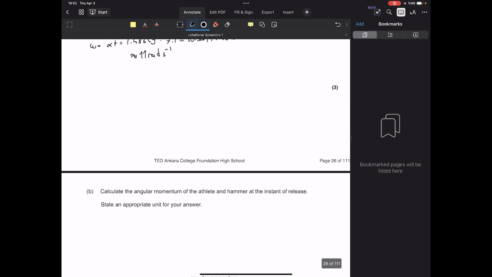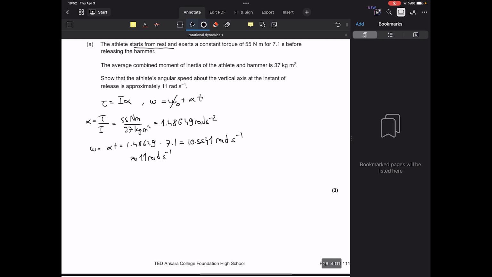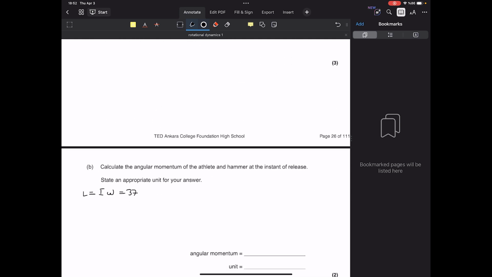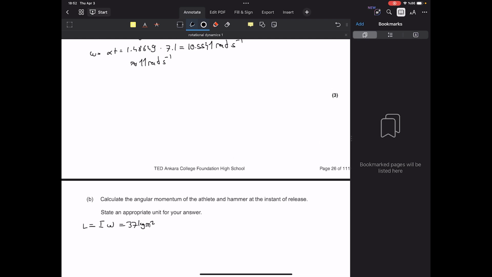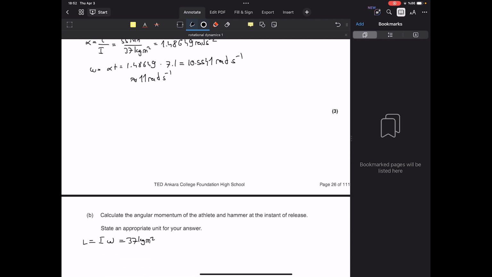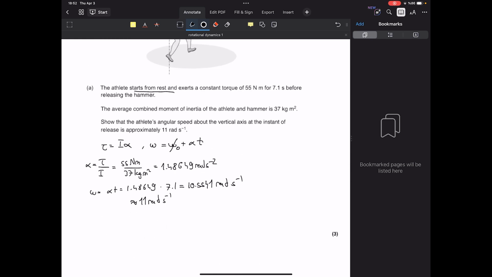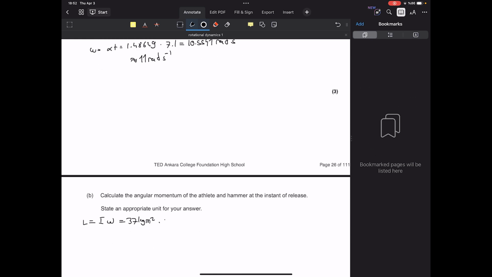So angular momentum, L, is the rotational moment of inertia, I, times omega. So we know I to be 37 kilogram meters squared, times omega, which is 10.5541 radians per second.